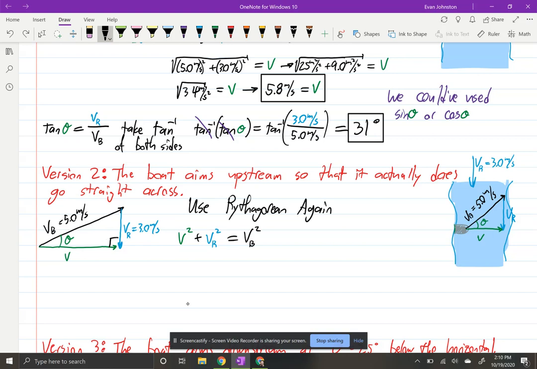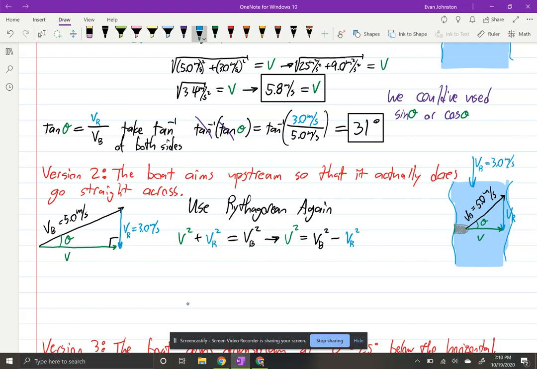So now, if we're trying to find how quickly the boat's going, that's v. I need to get the v alone right here. So I'll do a little algebraic step. I'll subtract this VR squared from both sides. And so I'll end up having our velocity squared is equal to the velocity of the boat squared minus the velocity of the river squared.